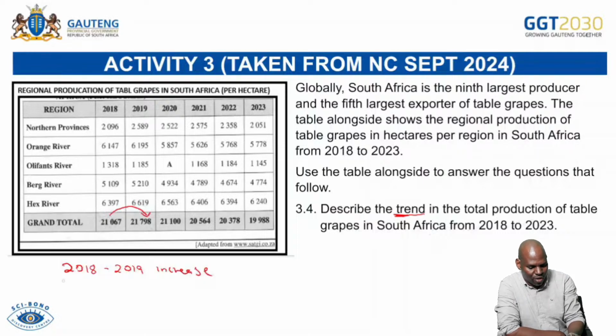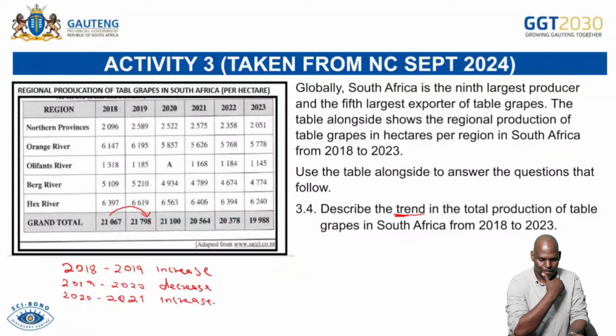Then from 2019 to 2020, it was a decrease. And then from 2020 to 2021, let's check. From 2020 to 2021, it was an increase.